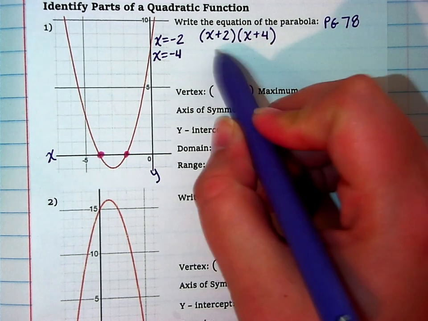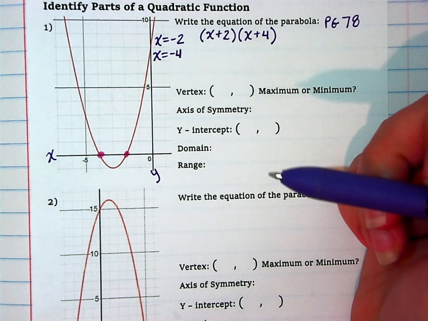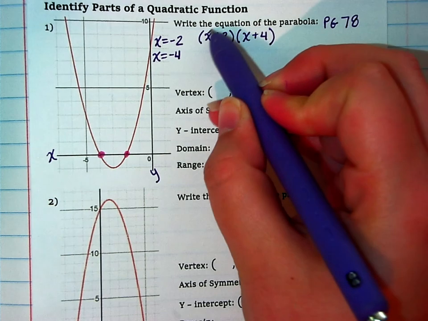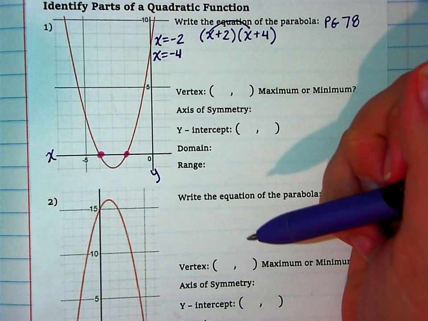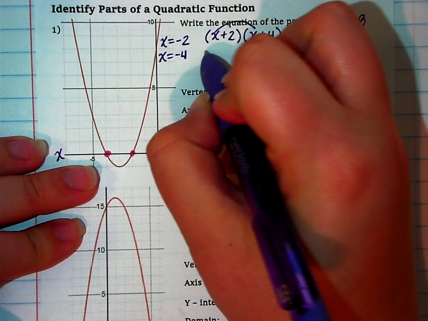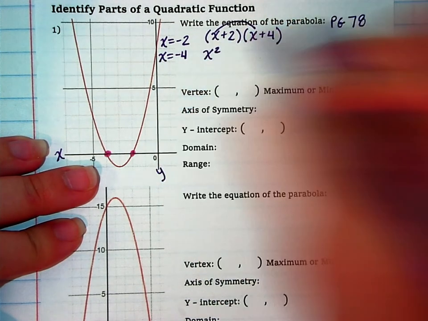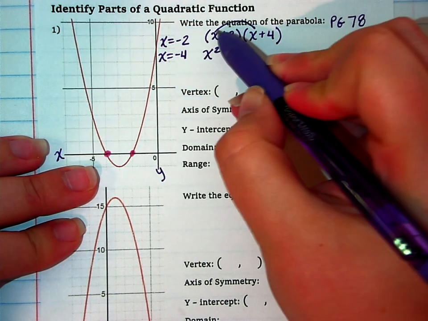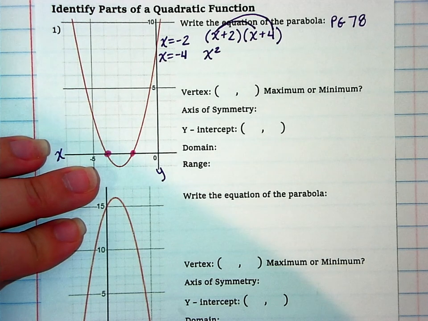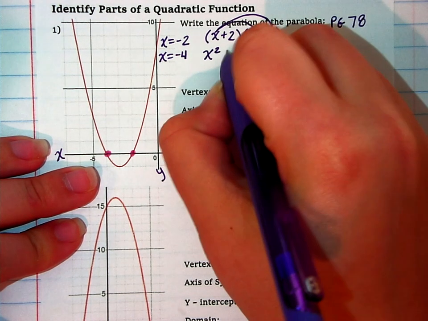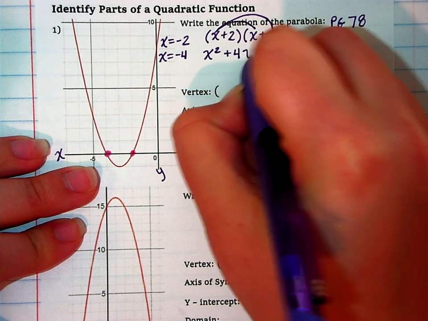Now that we have our two binomials, we need to multiply them to make the trinomial. So we're going to distribute the x. x times x is x squared. And we also need to distribute the x to the +4. So just multiply those together, you get plus 4x.